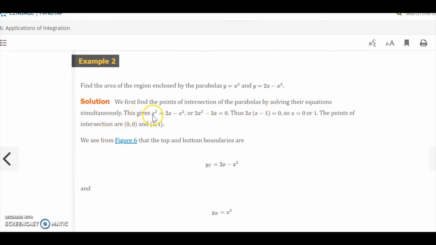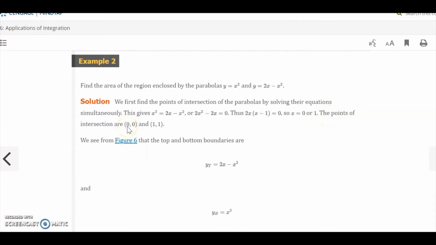So that's how they get x squared equals 2x minus x squared. This is pretty easy to solve for combined like terms. So we get 2x squared minus 2x equals 0. And because we have something equal to 0, we can factor things out. And we're left with x is either equal to 0 or it's equal to 1.